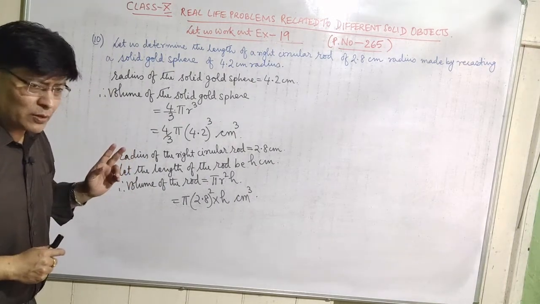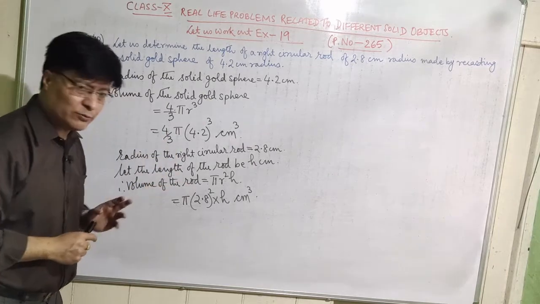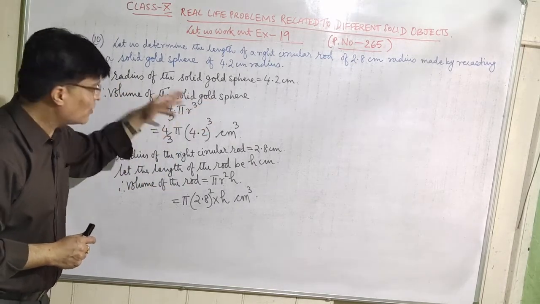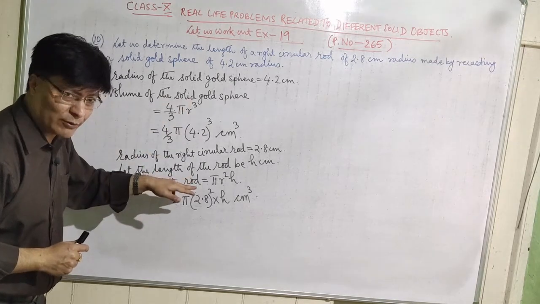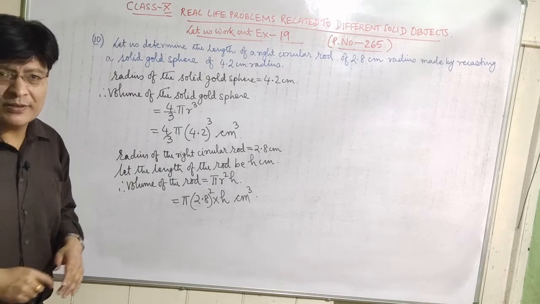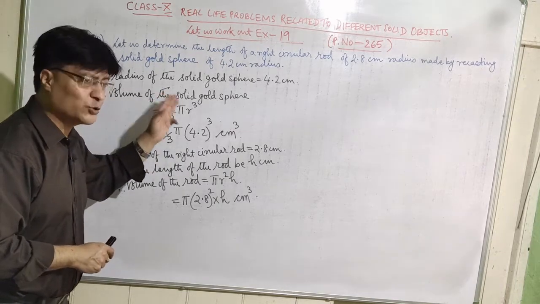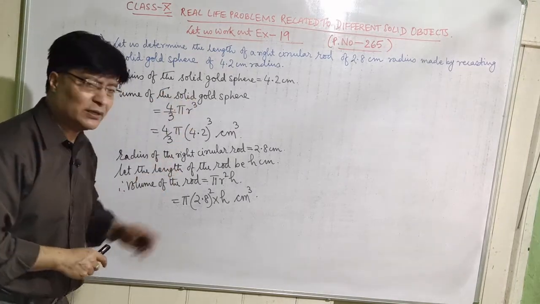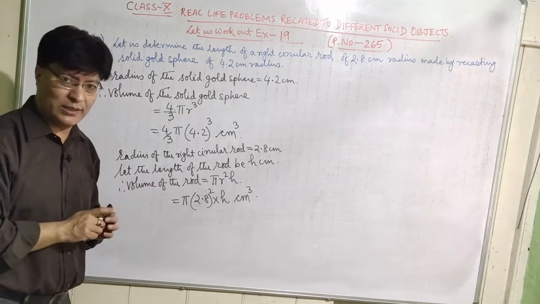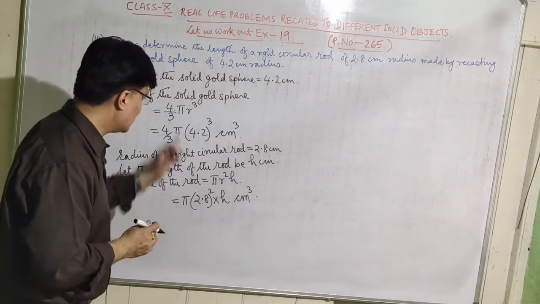So now what happens to these two values? This solid gold sphere is melted and this rod is made. So the volumes of these two must be the same. The volume of this solid gold sphere and the volume of the right circular cylindrical rod must be equal. Okay, so now let us equate these two.